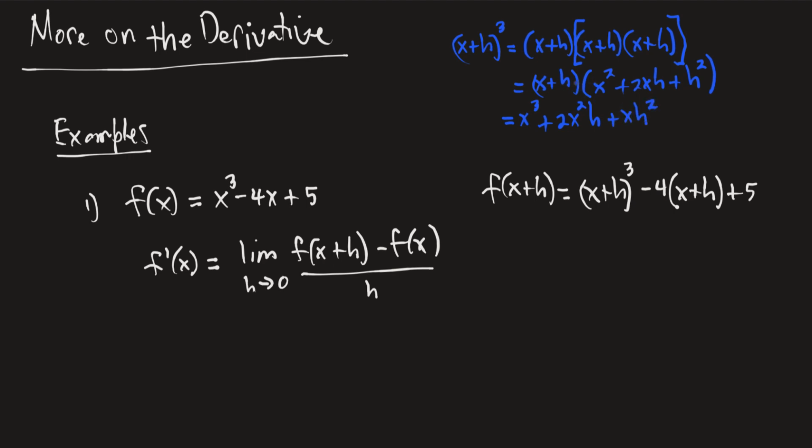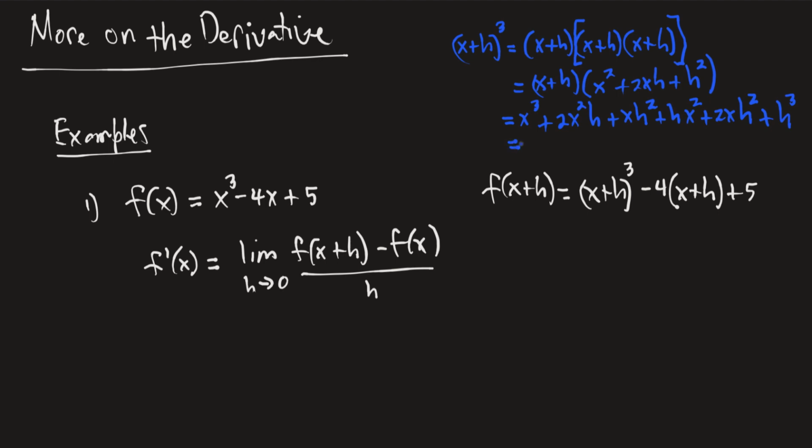And now let's distribute the h, so we will have h times x squared, like that, and then h times 2xh gives us 2xh squared, and then finally h times h squared gives us h cubed.